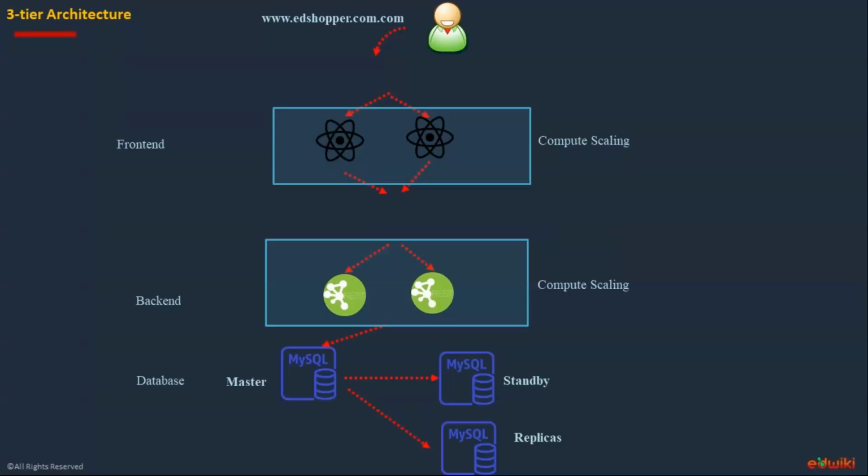Because we need to set up the database, master, standby, replication. And again, for any reason, if your database layer gets terminated or corrupted, there is a huge data impact. I mean to say there is a huge business impact, correct? Just understand it like this, guys. Let's say one of the front-end instances is down.